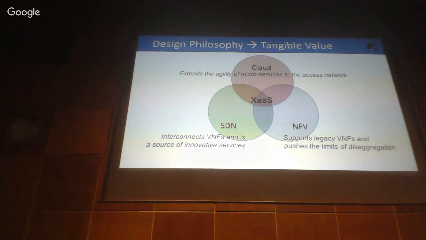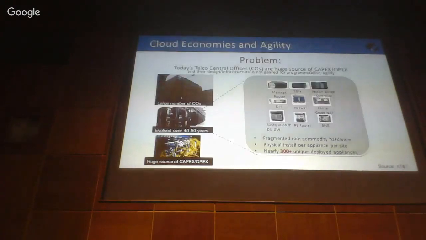Then of course we want to use SDN to interconnect VNFs, the usual canonical case, and NFV to bring in VNFs and legacy VNFs and support them, and potentially also disaggregate previous equipment like, for example, a vBRAS or whatever we want to disaggregate.